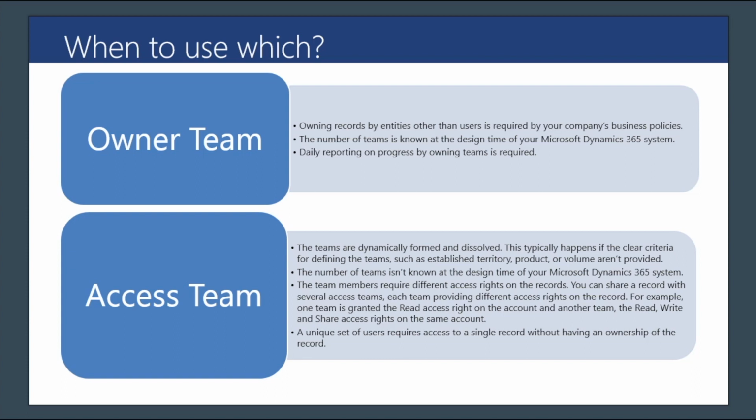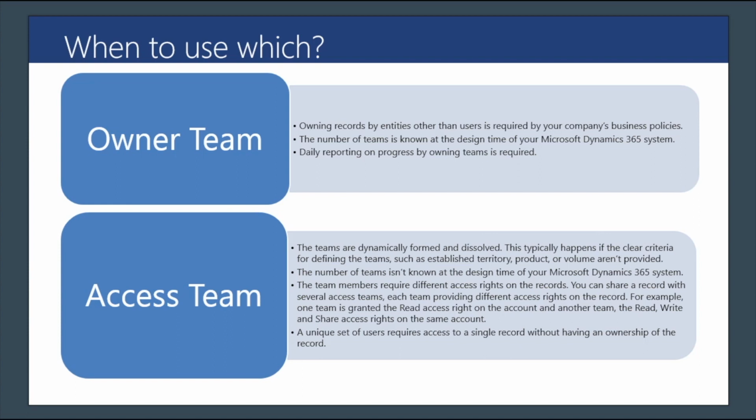It also allows for some reporting, okay, on progress on various records which are owned by the team. It's also a good option if the teams and their members are known at the time of system design. Okay. They require some setup. So there's the management of access: the team needs to be created, and users need to be added as members of the team, as well as the appropriate security roles.